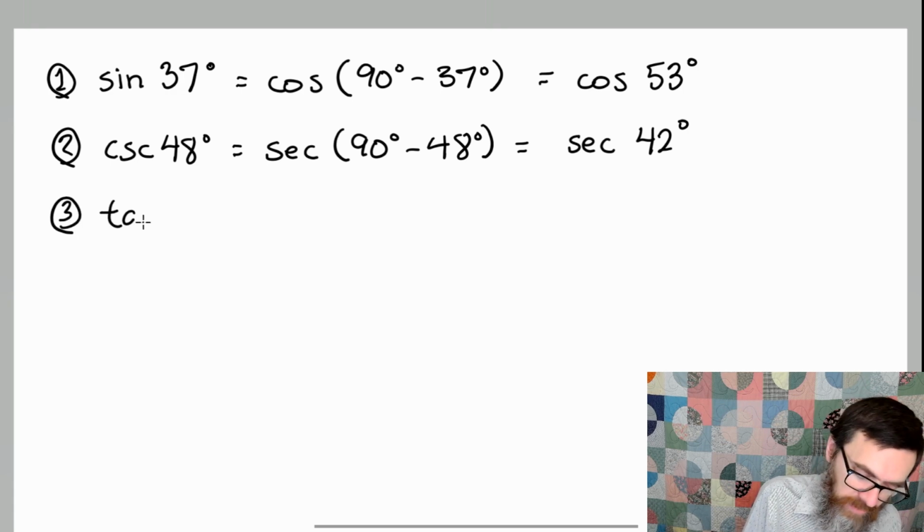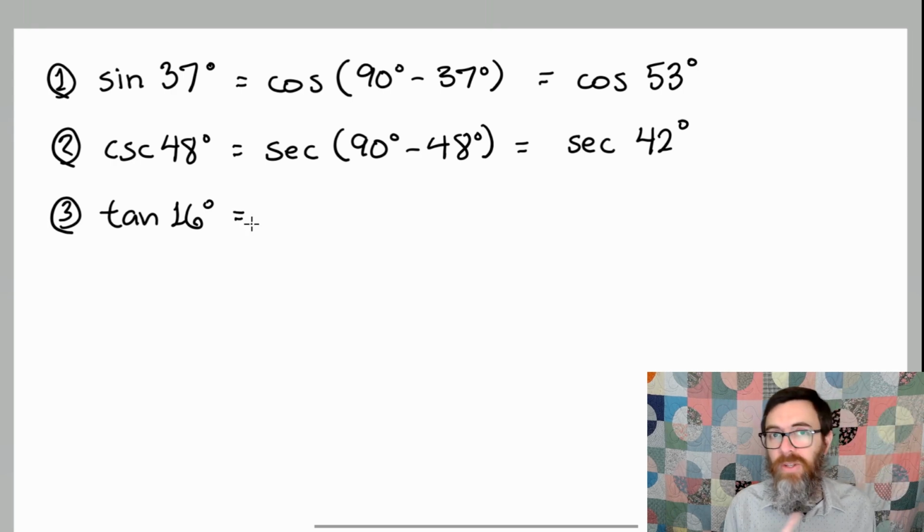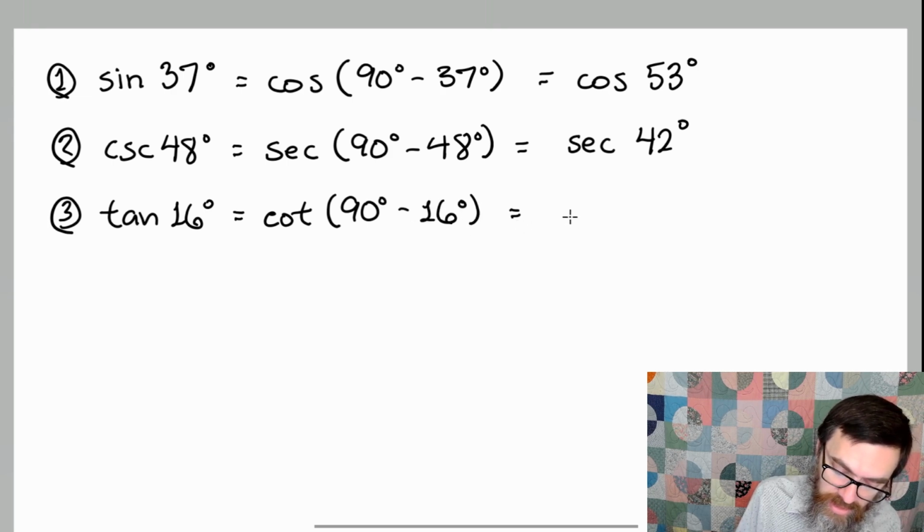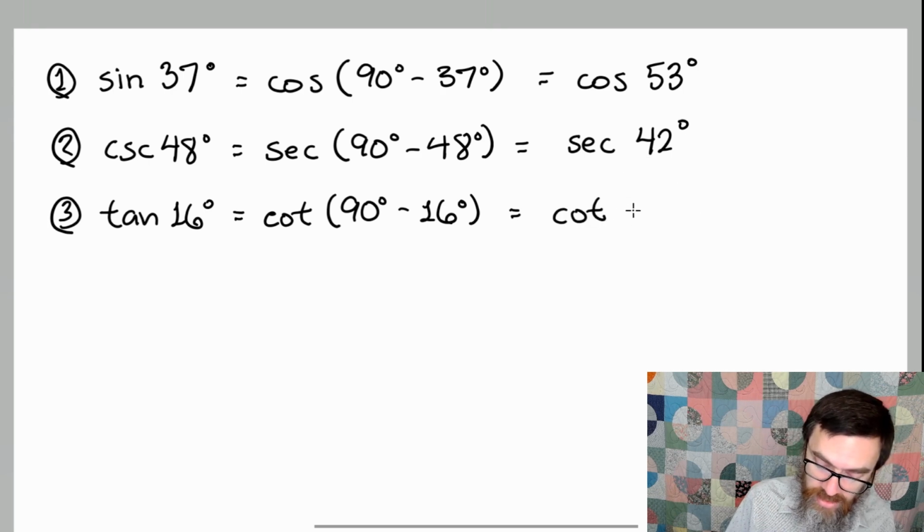Number 3, we have the tangent of 16 degrees. So writing it using its cofunction, that would be cotangent. That's going to be 90 degrees minus 16 degrees. So the tangent of 16 degrees is the same as the cotangent of 74 degrees.